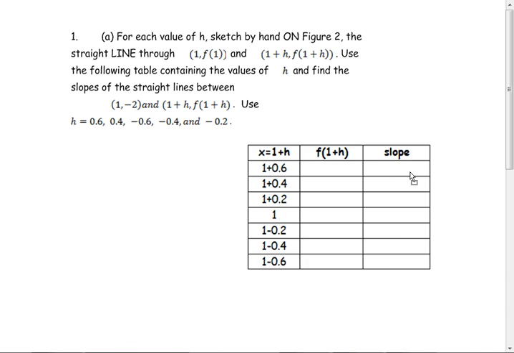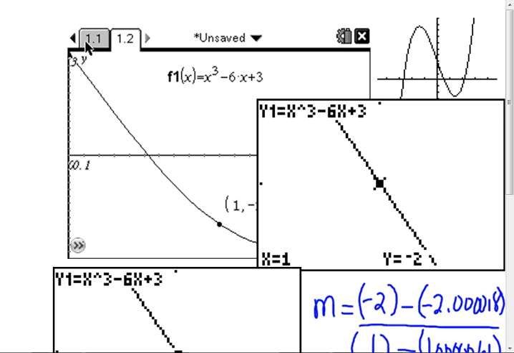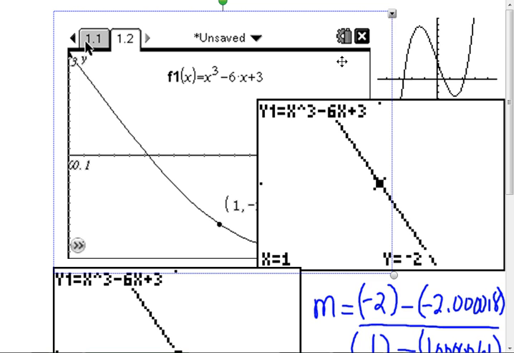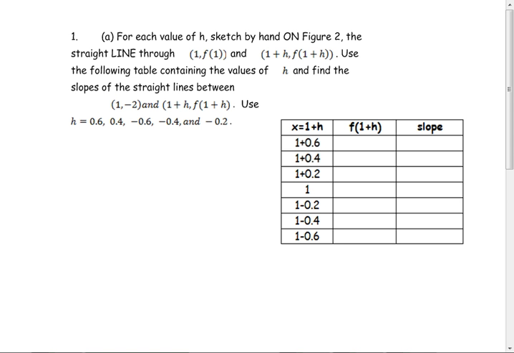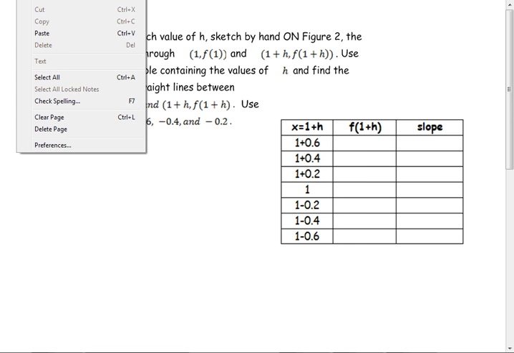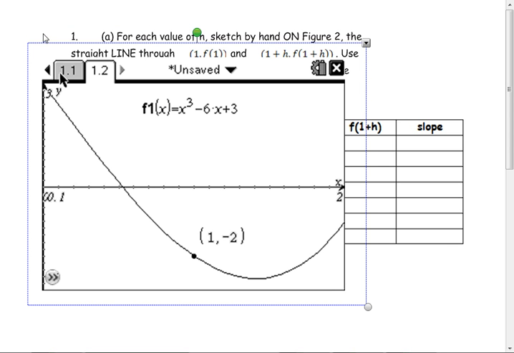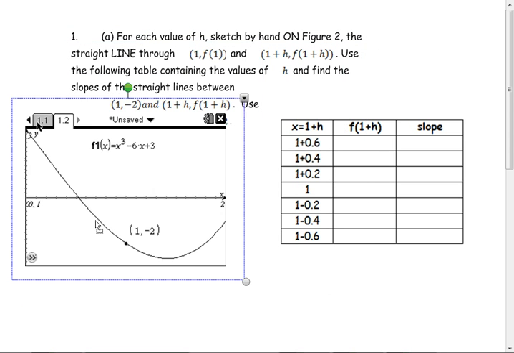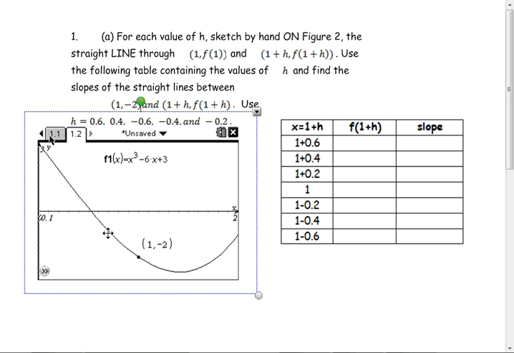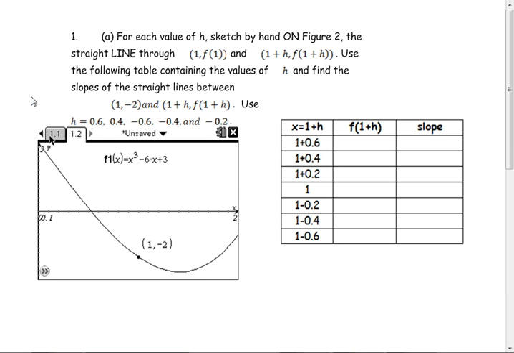I want to sketch on that graph, so I'm going to go back and copy it. This one. And I'm going to paste it in. Okay. There we go. Perfect. And I have my table of values. So what it wants you to do for each value of h, now remember h is the distance from here. The first h value is 0.6 because I give you the values somewhere, right here.